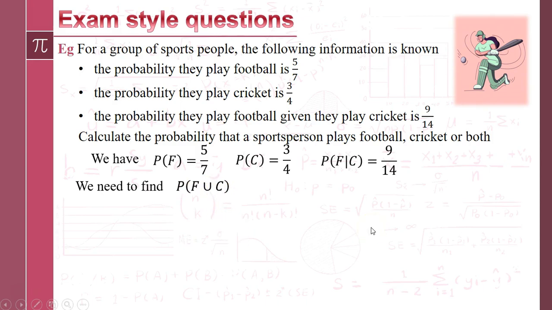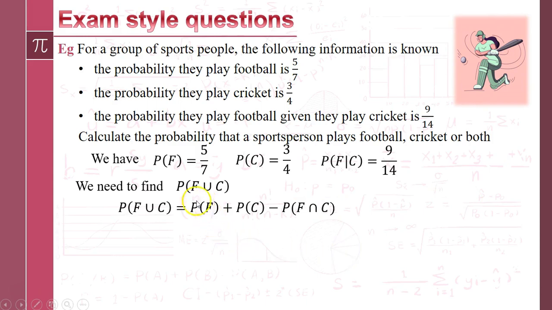If we want F union C, let's start off with our formula, and we know the formula for that is that. Now we don't know if it's mutually exclusive or not. But if these things are mutually exclusive, that thing there would just be 0 and we're left with probability F plus probability C. So let's work with the whole formula and then we know we're covering all our bases.